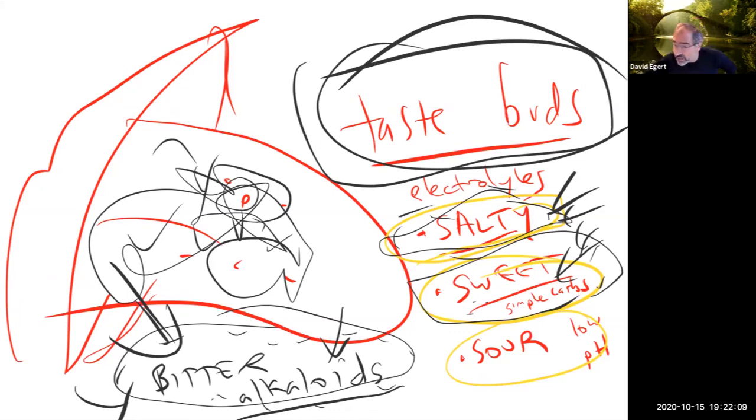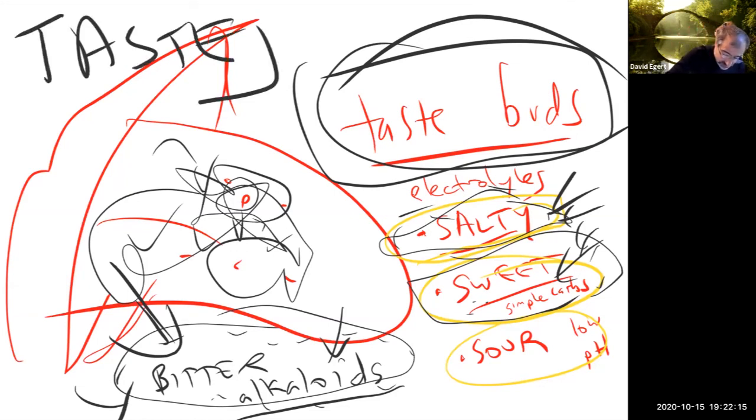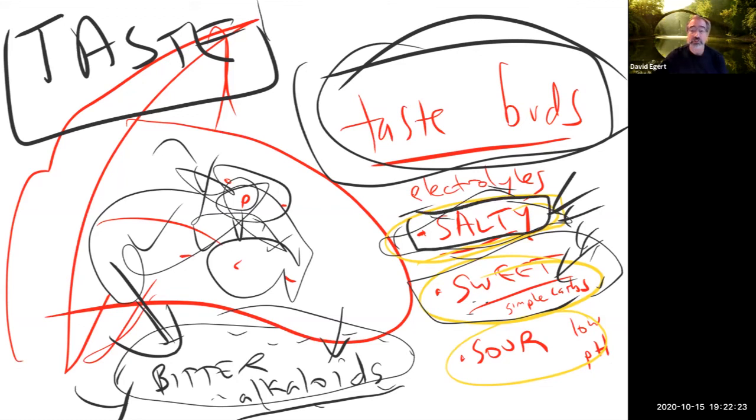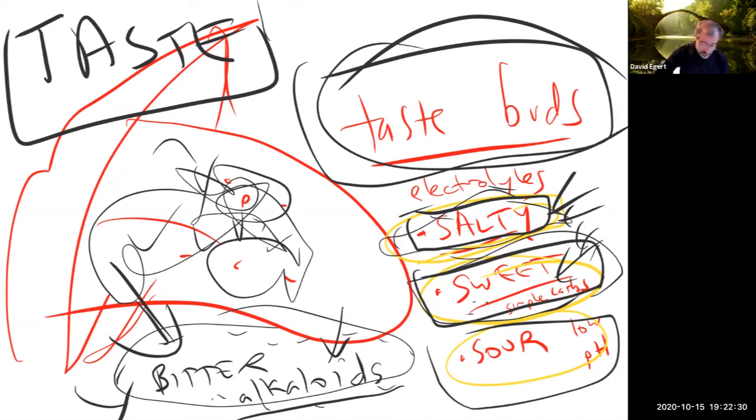The thing that is important to remember, though, is even though we're saying this is taste, it's really very narrow. It's just telling you if there is the presence or absence of saltiness, sweetness, sourness, bitterness.